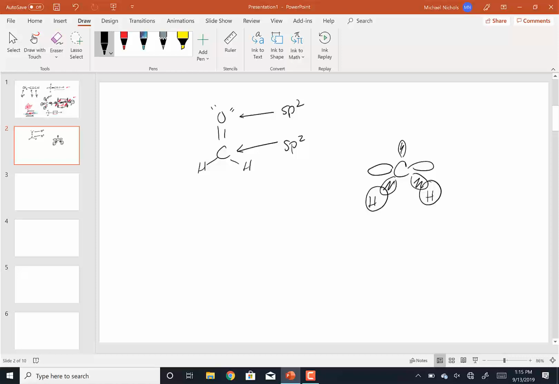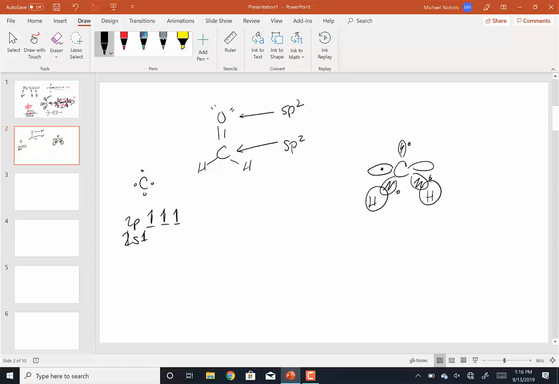Okay. So remember the carbon has a 2s, 2p. In its excited state, it's got 1, 2, 3, 4 unpaired electrons. The Lewis dot structure for carbon is 4 unpaired electrons. That means into each one of these orbitals goes an unpaired electron.